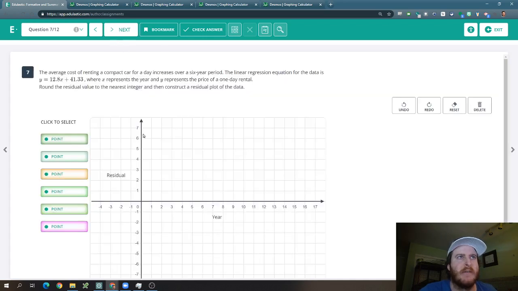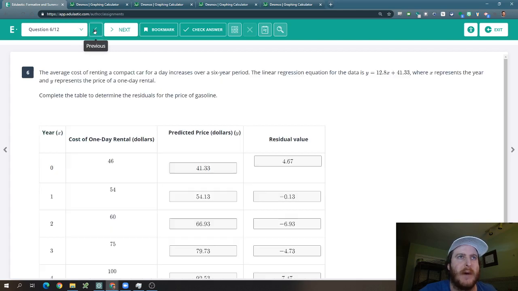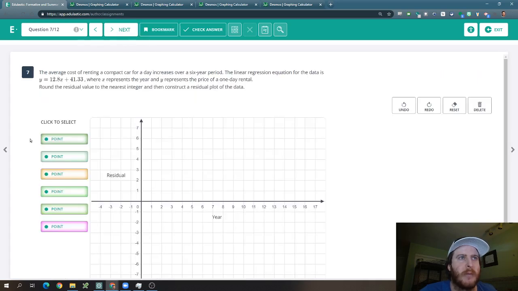Now, question 7 asks us to plot the residual plot. Now, this one's a little tricky because we just have to kind of go back to question 6. I'll make sure on the real test that it's on the same page. But so at 0, we're plotting 4.67, which is somewhere right there.